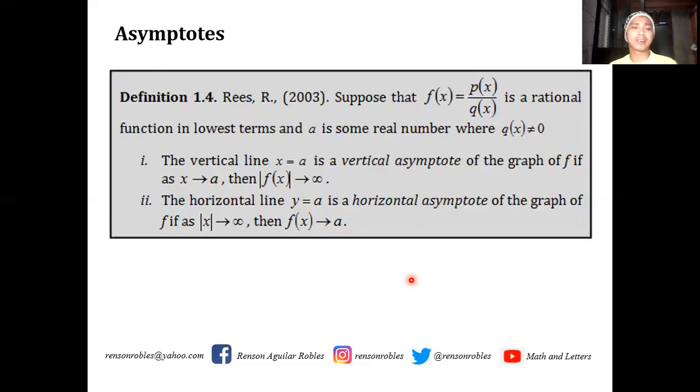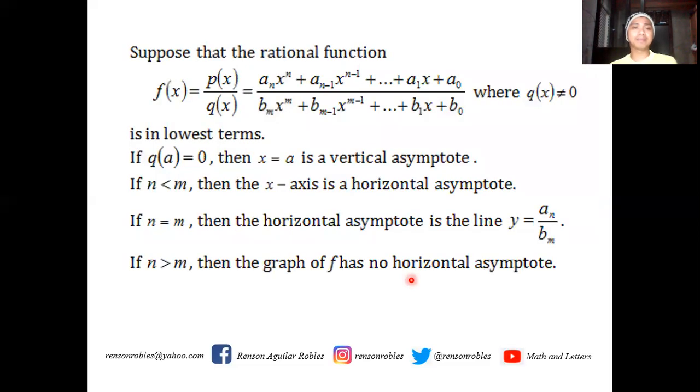Okay? And the horizontal line y equals a is a horizontal asymptote of the graph of f if as the absolute value of x approaches positive infinity, then f of x approaches a. Okay. Suppose that the rational function f of x equals p of x over q of x, where p of x is written in this form: a sub n x raised to n plus a sub n minus 1 x raised to n minus 1 running until a sub 1 x plus a sub 0.